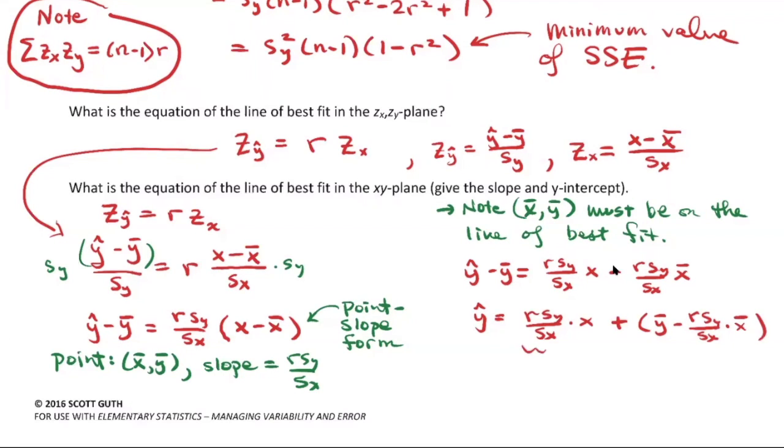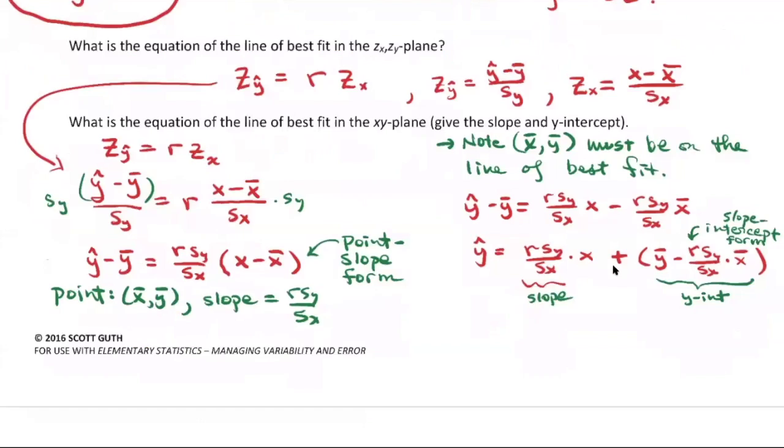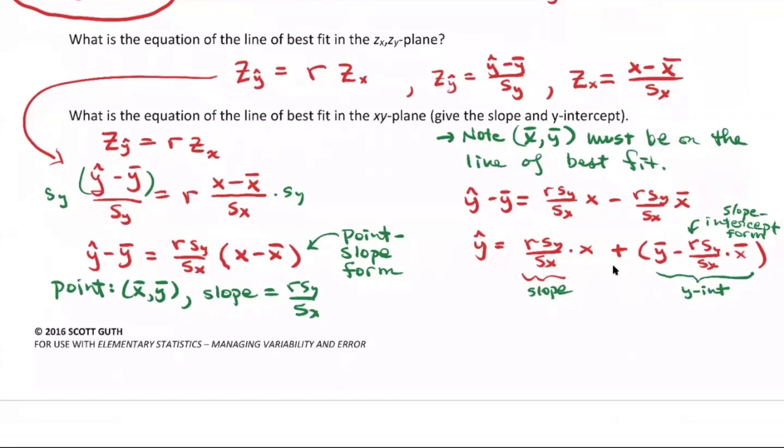So this is slope-intercept form for the equation of the line. So this is the slope, and this other thing is the y-intercept. For the line of best fit.